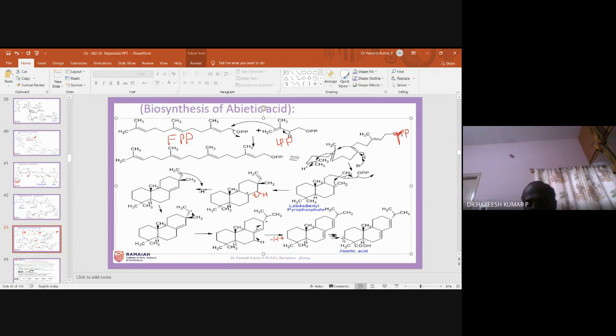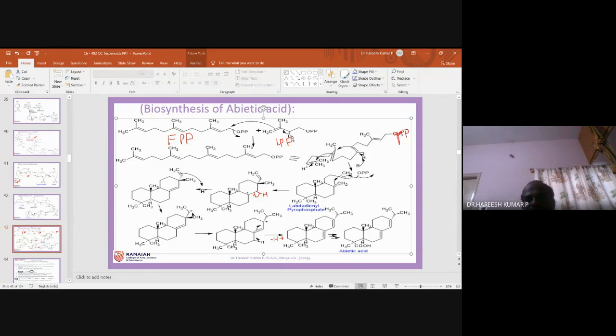This is the structure of abietic acid. This is obtained by the combination of farnesyl pyrophosphate. This is how abietic acid is biosynthetically synthesized in a living system. Farnesyl pyrophosphate reacts with isoprenyl pyrophosphate.